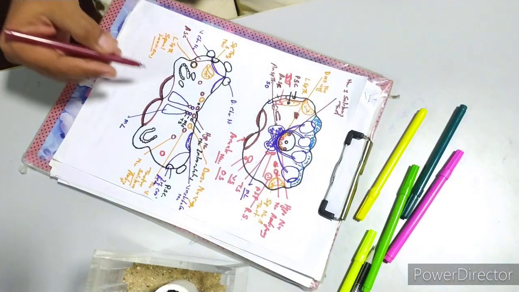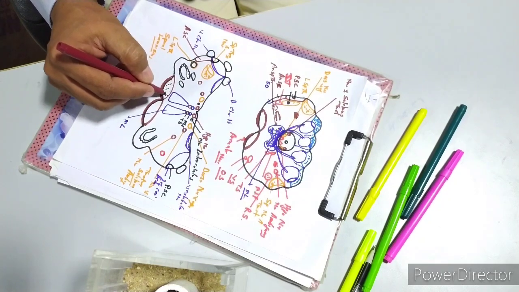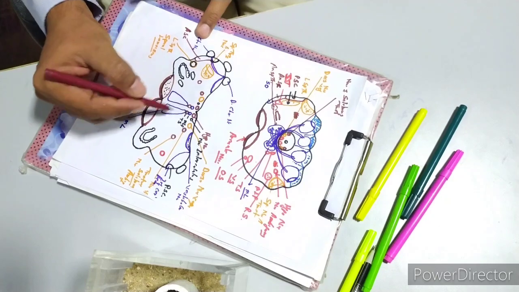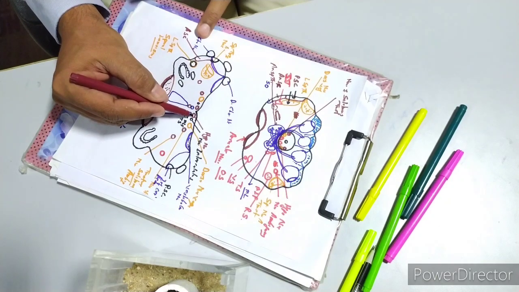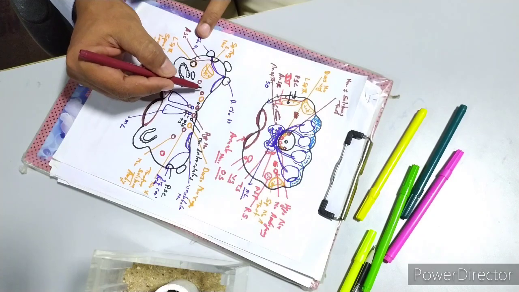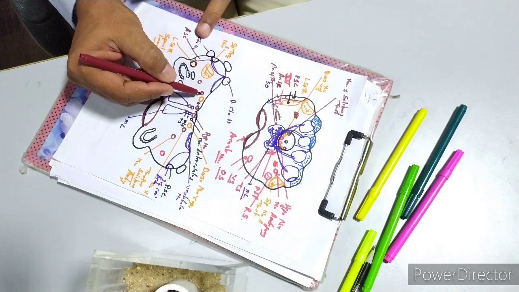Again, if we revise the nuclei, what are the nuclei present here? First the hypoglossal nucleus, then the nucleus intercalatus, the dorsal nucleus of the vagus, then the nucleus of the tractus solitarius.